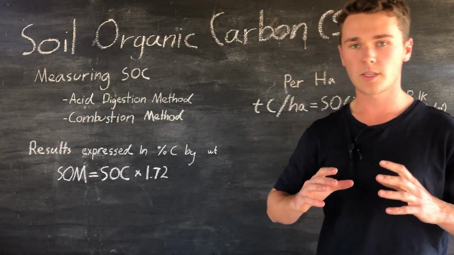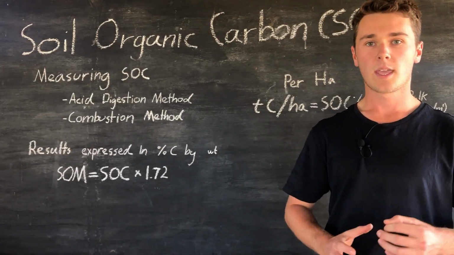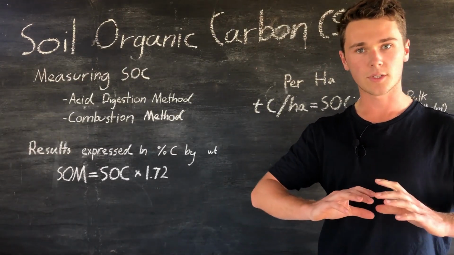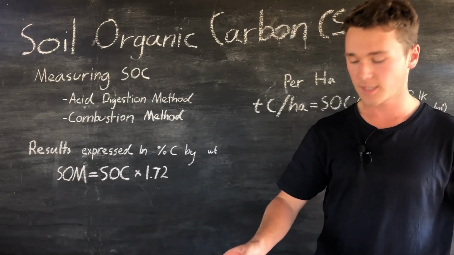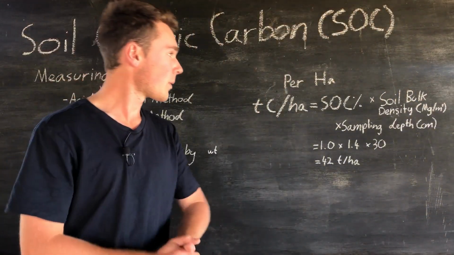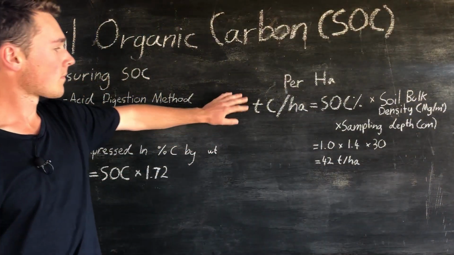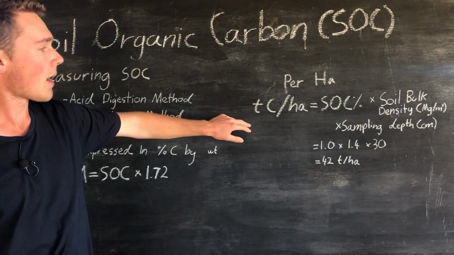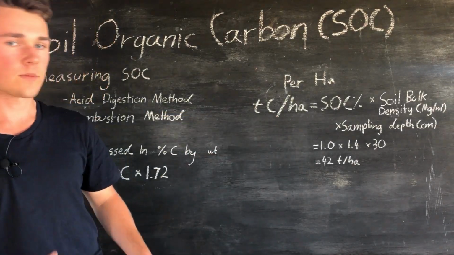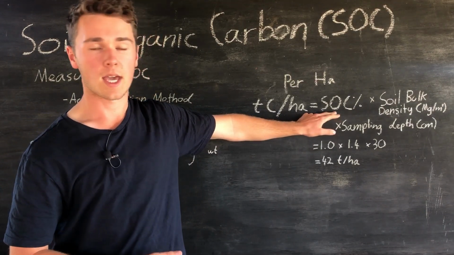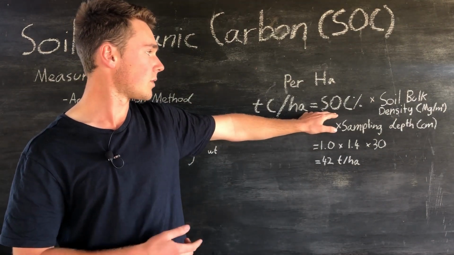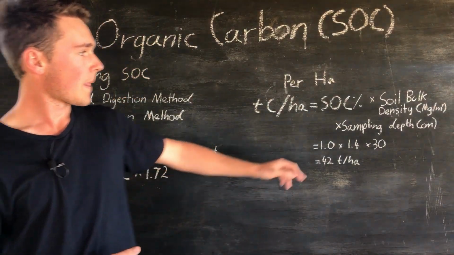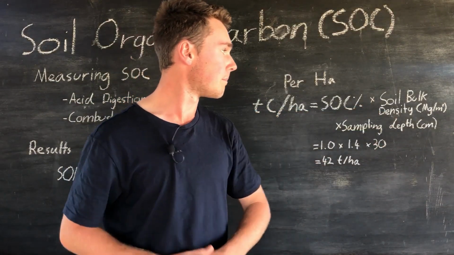So now it's probably more helpful to know how much soil organic carbon you have across a hectare, so across the area. So if we want to do that, we measure that in tons of carbon per hectare. To calculate that, you take your soil organic carbon percentage, times that by your soil bulk density.